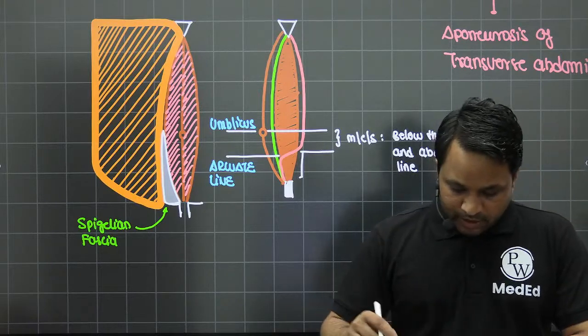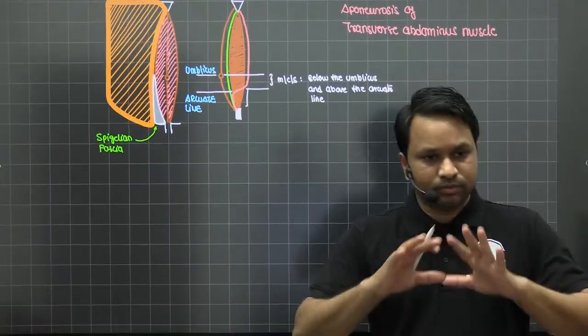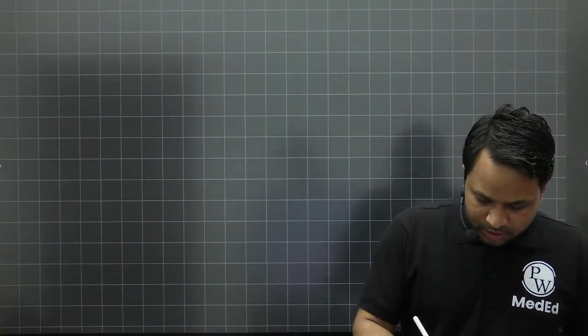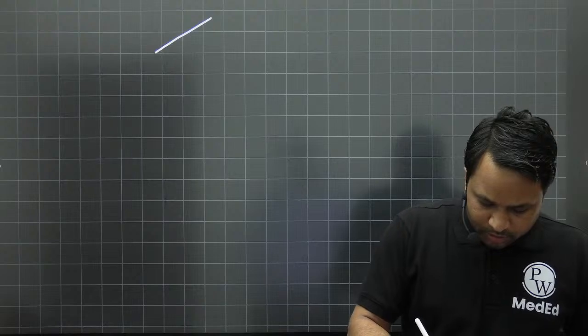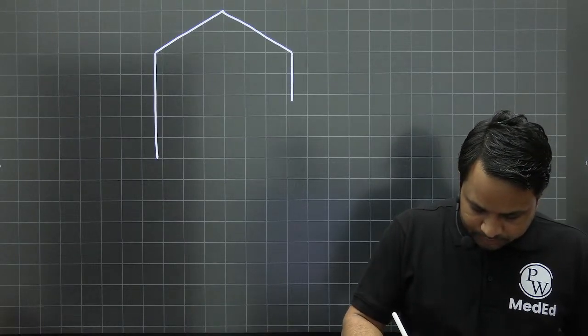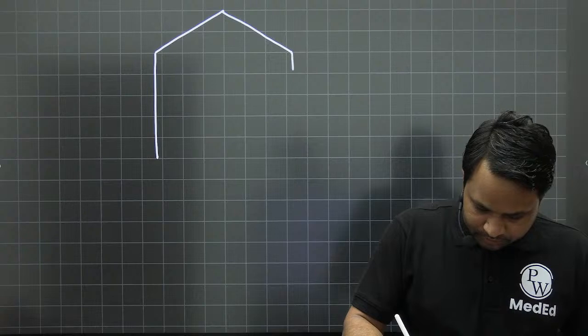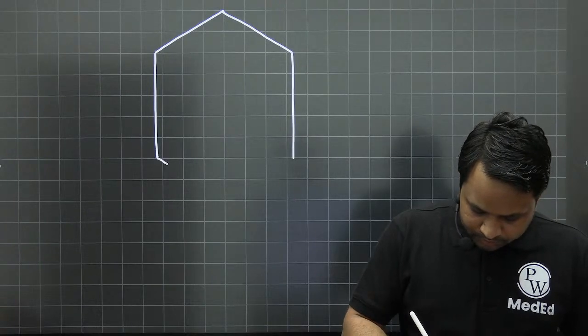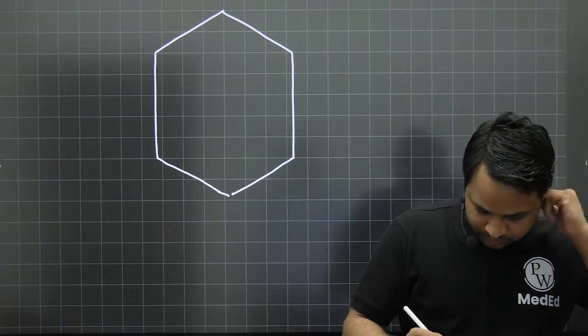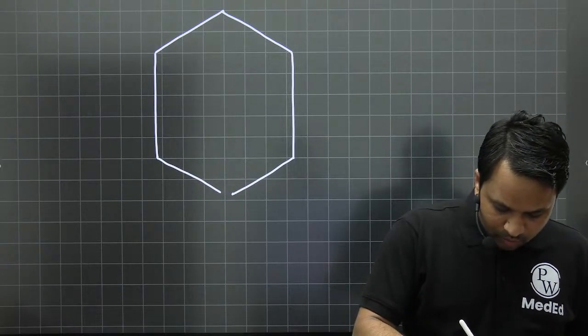So if you look at the whole picture again, just to get everything wrapped up, if I give you the entire abdominal wall picture, this is how the abdominal wall will be depicted.